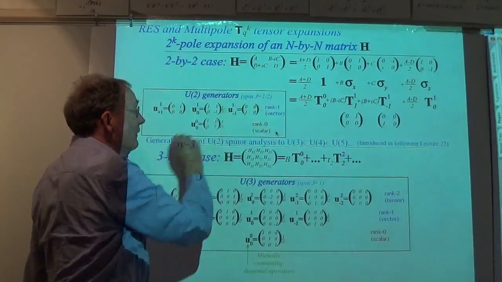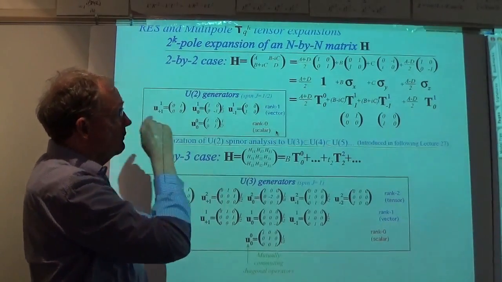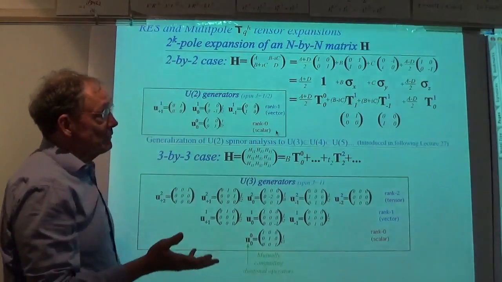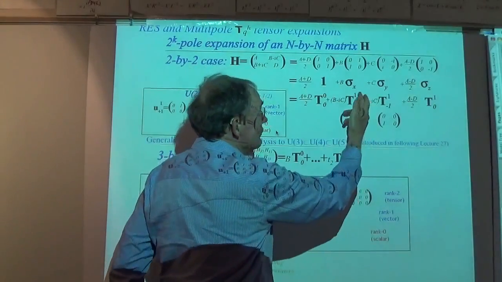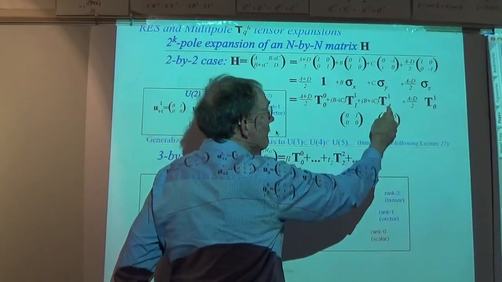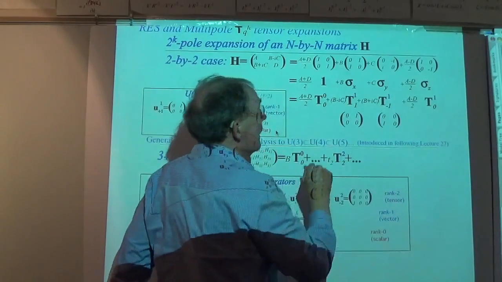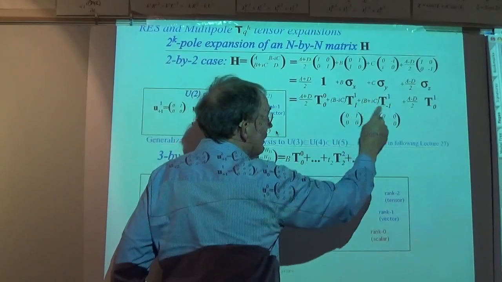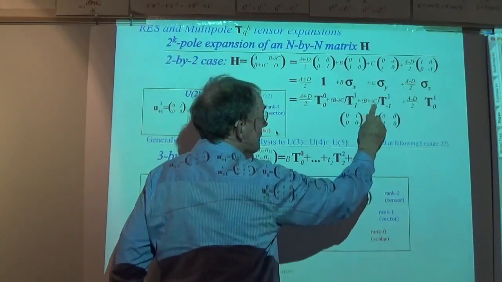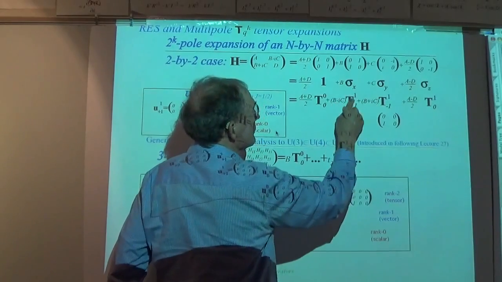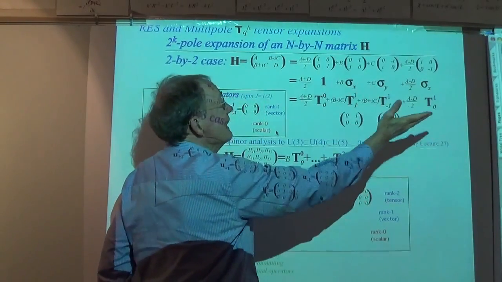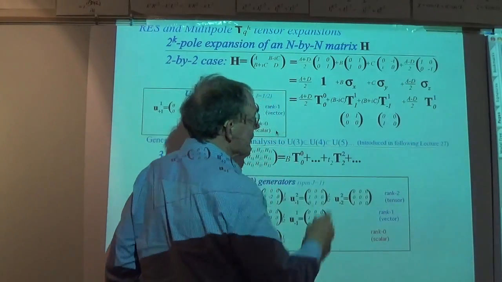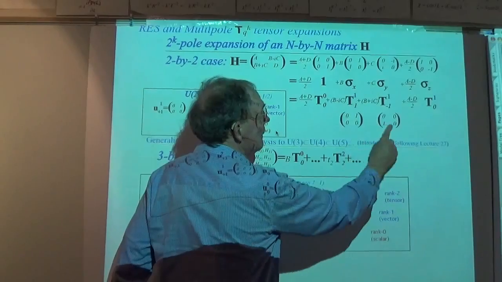The generators that we had there, as you recall, were sigma x, sigma y, and sigma z, but the names that we're giving them in terms of tensors would be the vector notation T1, 1, T1 minus 1, and T1, 0, that are complex combinations, these two, of x plus iy and minus iy. So that is the coefficient b plus ic times that guy, and this is b minus ic times that, using our old a, b, and c and d parameters. And then this one is just T1, 0. Okay, and then these things here are the elementary raising and lowering operators.